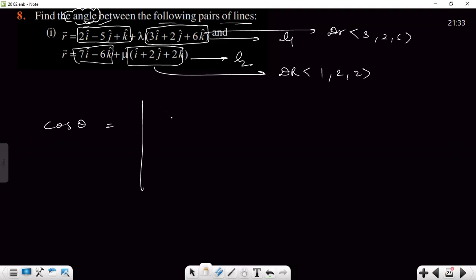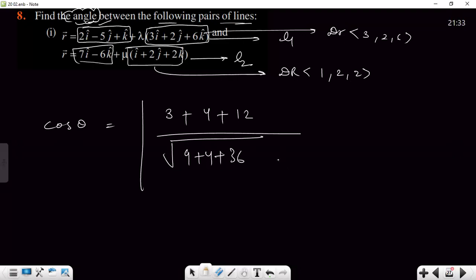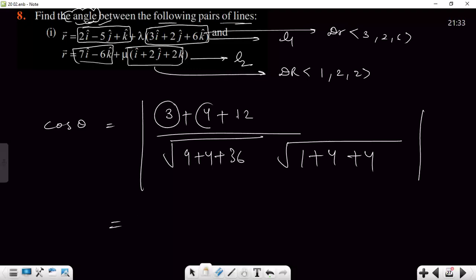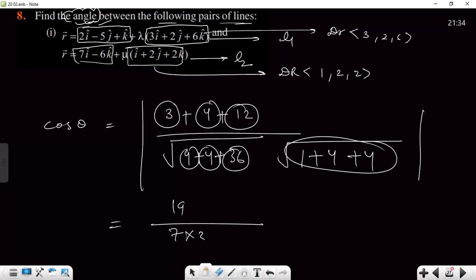Formula: A1A2 plus B1B2 plus C1C2 divided by square root of A1 square plus B1 square plus C1 square, into the same for the second line. 9, 4 and 36 gives 49, square root 7. 1 plus 4 plus 4 is 9, square root 3. 6 plus 4 plus 9... the numerator is 19, and the denominator is 21.